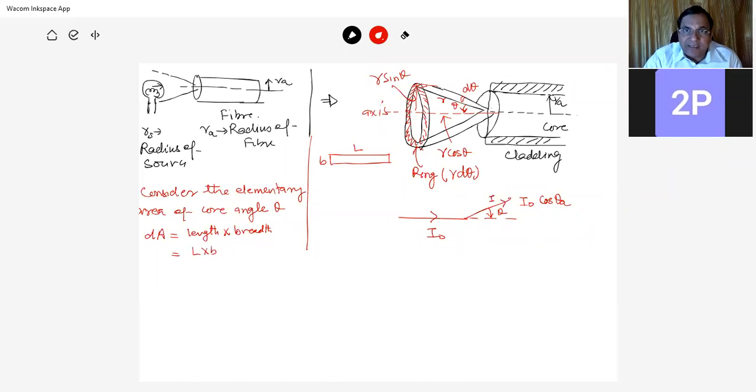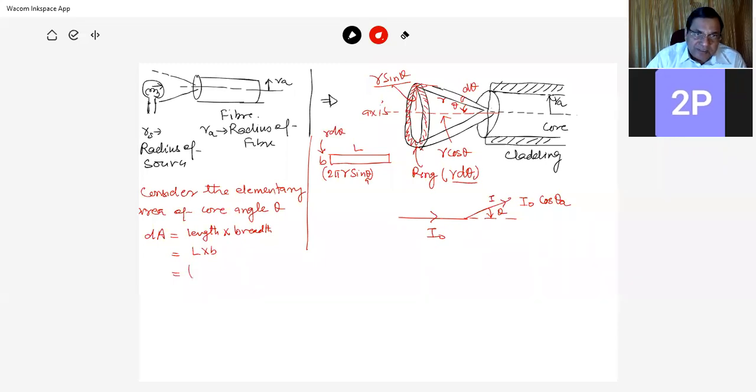What is L? If r sin theta is the radius, then 2 pi r sin theta A is the perimeter. And what is B? B is the width. Width is r into d theta.